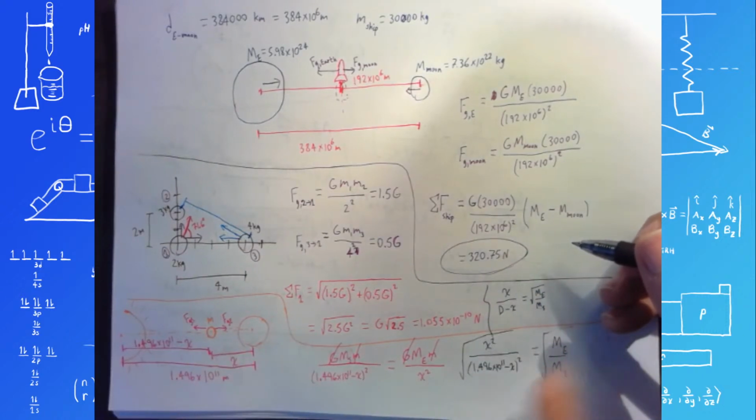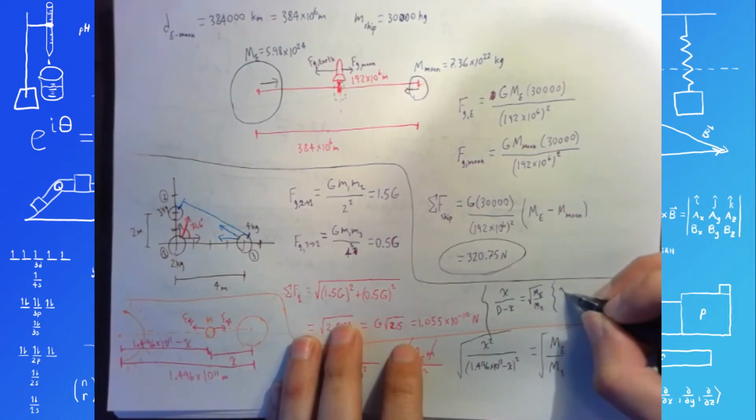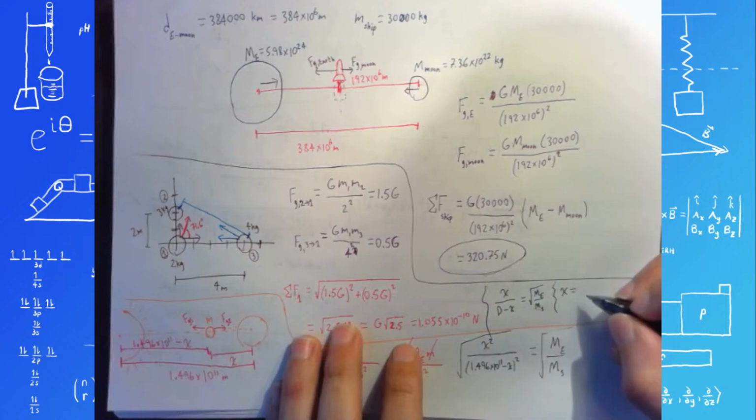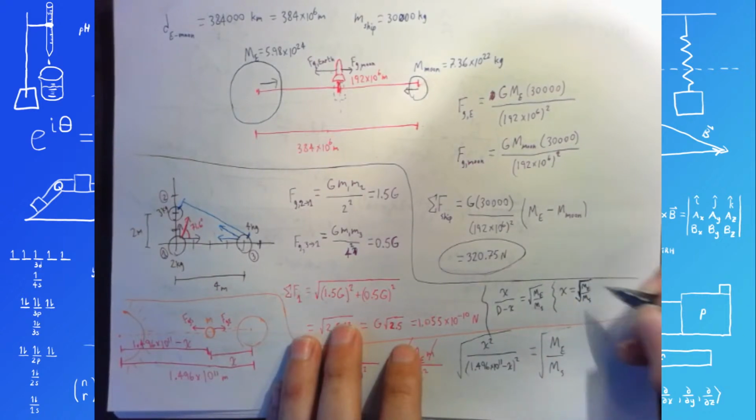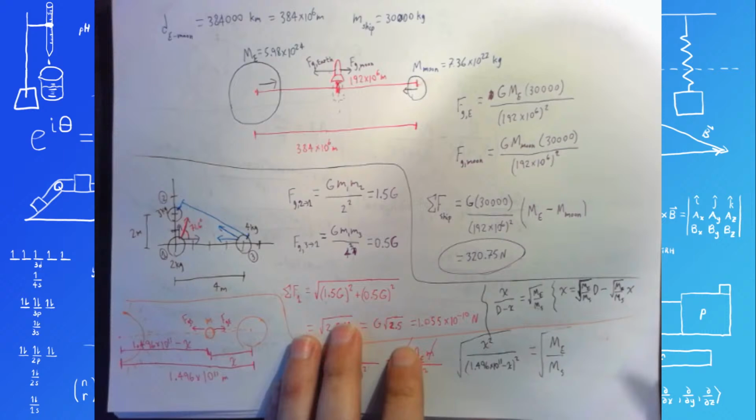If I multiply d minus x over to the right, then I'm left with x equals square root mass Earth over mass Sun times d minus square root mass Earth over mass Sun times x.